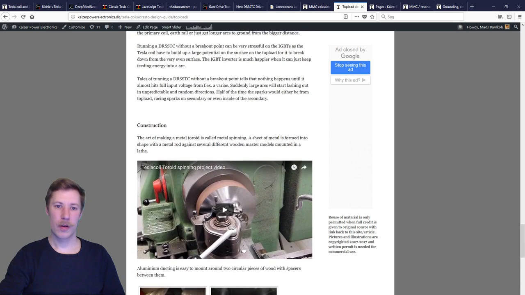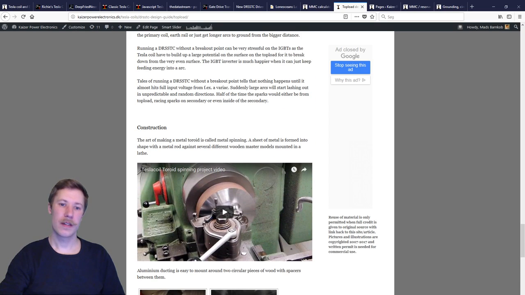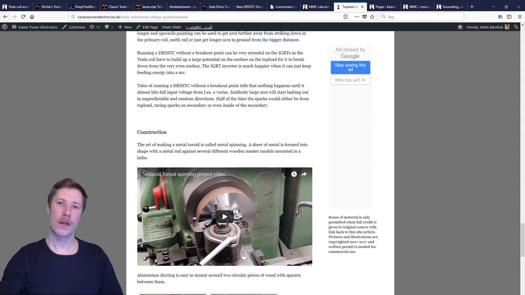In case you're wondering, the turned toroids, the very smooth toroids made from a single piece of aluminum plate, it's called metal spinning. It's a metal forming technique used very much in lamp production and for all kinds of balls and so on.